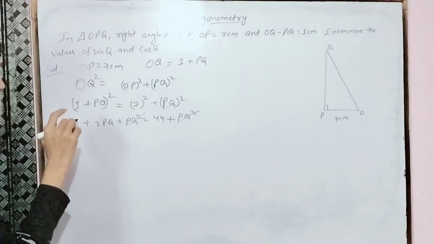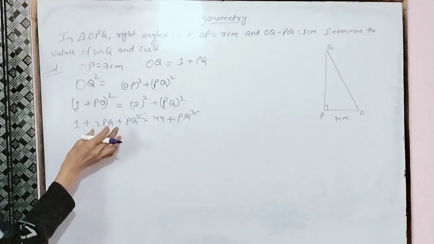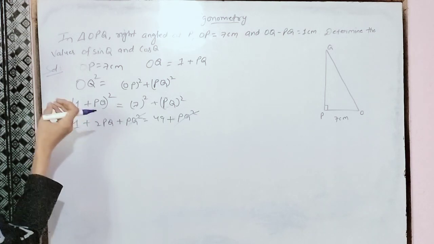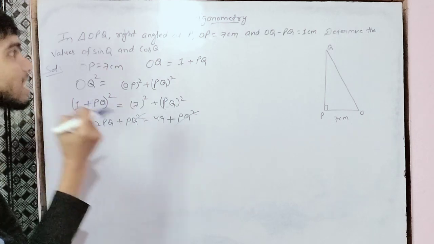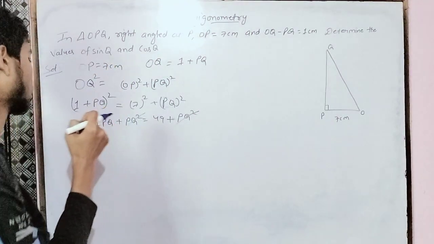Now what else do we have? From this linear equation, we get the value of PQ. When we get the value of PQ, then we can easily find the value of OQ. How?